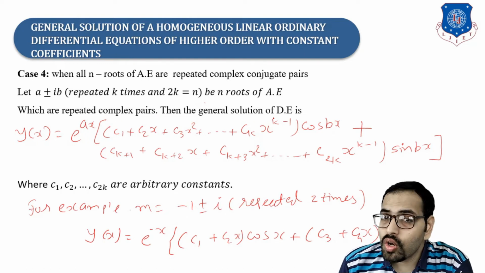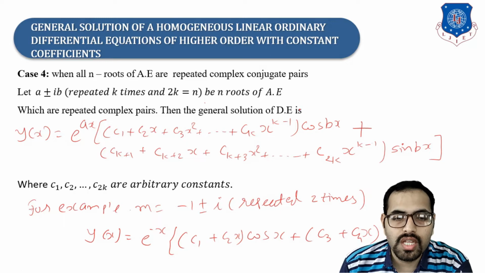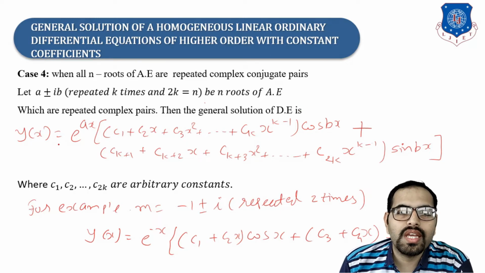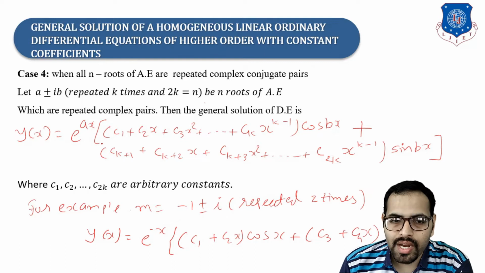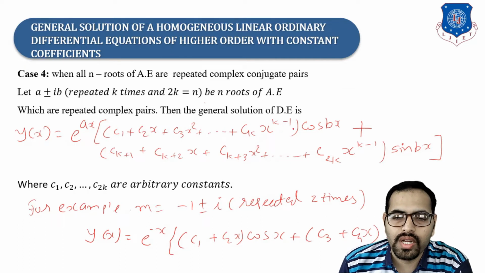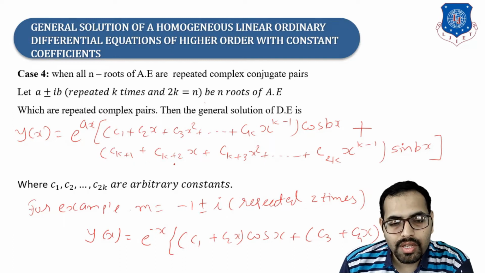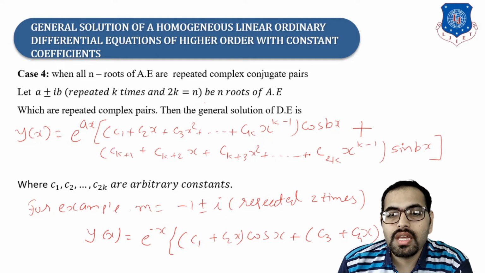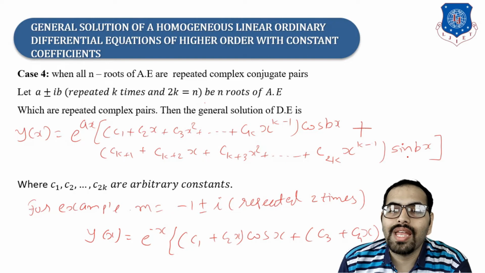Then the general solution of the differential equation is y of x equal to e raised to ax, inside the bracket c1 plus c2x plus c3x square plus and so on plus ckx raised to k minus 1, bracket close, cos bx, plus another bracket ck plus 1 plus ck plus 2 of x plus ck plus 3x square plus and so on plus c of 2k x raised to k minus 1, bracket close, into sin bx.